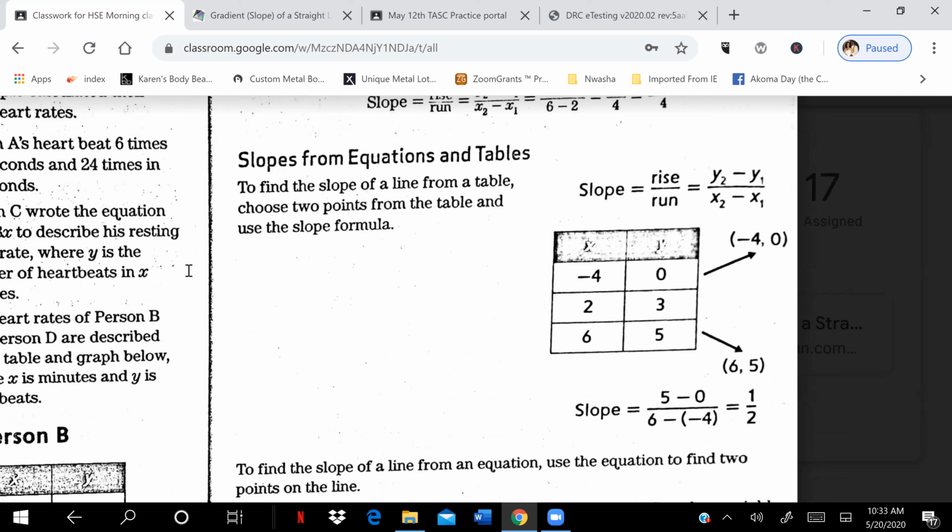So if they have -4, 0, the first y is 0. If they have this other one that they picked out, 6, 5, the second y is 5. So here they just replaced the y's and the x's. 5 minus 0 is 5. And then this is an example of 6 minus -4 is actually how much?